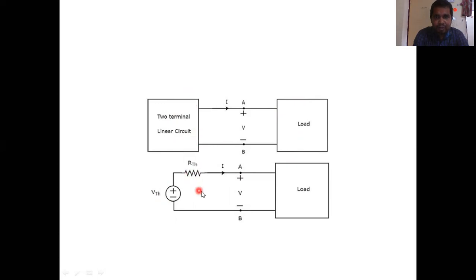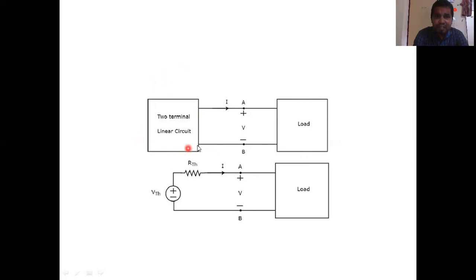In these two diagrams, this is a two-terminal linear circuit, which may have many sources and elements in series-parallel combination, whatever it may be. You will have the network here and one load. The load remains here. The rest will be replaced.